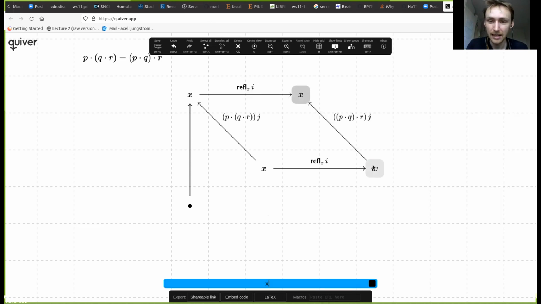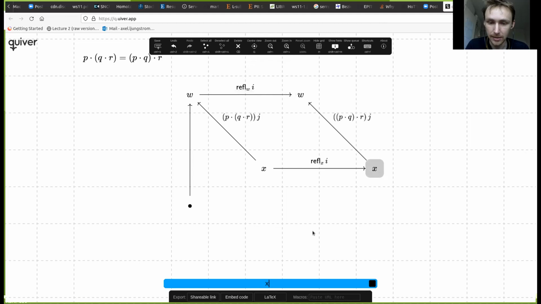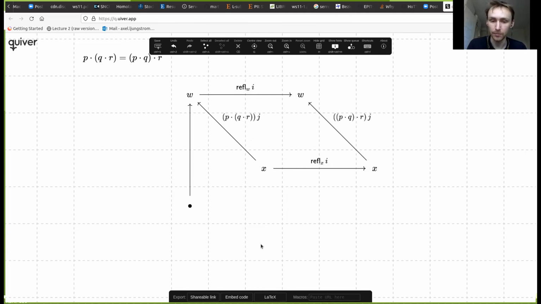No, sorry, this is W. This is REFL at W. And this is REFL at X. Okay, is this better? Now it should be. Thanks. Okay, now it's good. Perfect. So let's start with this guy then, the left side of the cube.